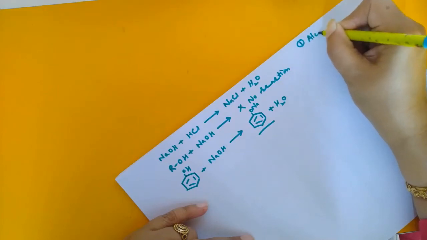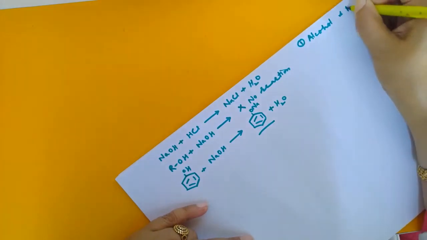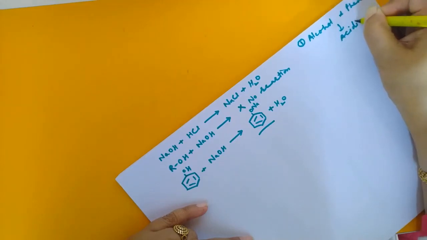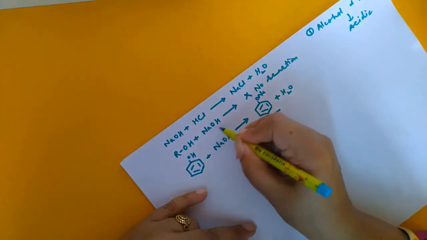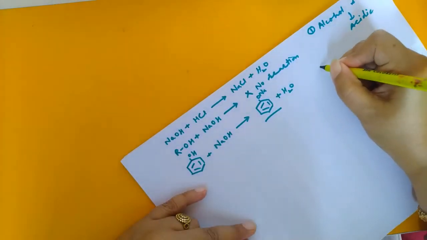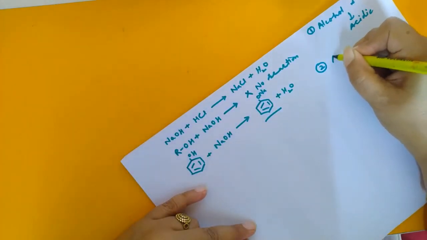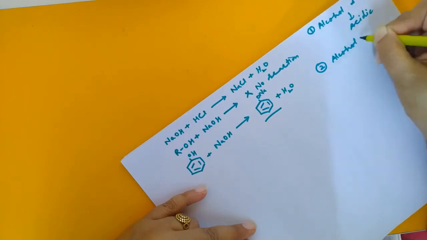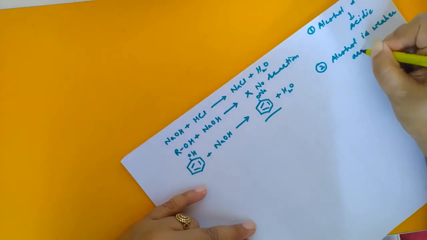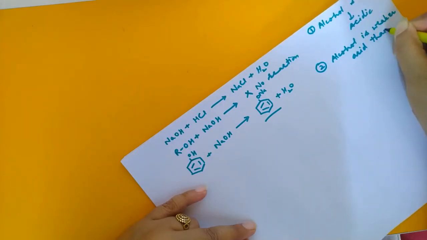One is that alcohol as well as phenol, both are acidic in nature. Now alcohol doesn't react with a base to give salt and water, while phenol does. So what does it show? That alcohol is a weaker acid. Alcohol is acidic, but it is a weaker acid than phenol. So this is the conclusion which we can draw from these reactions.